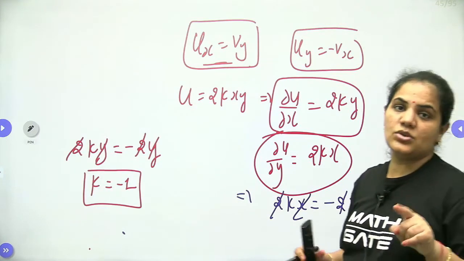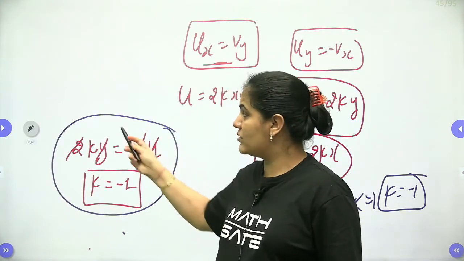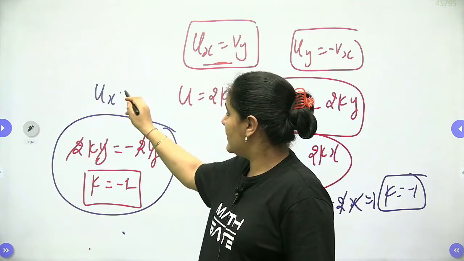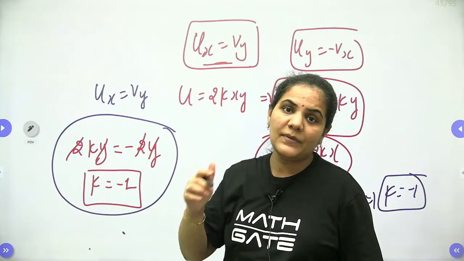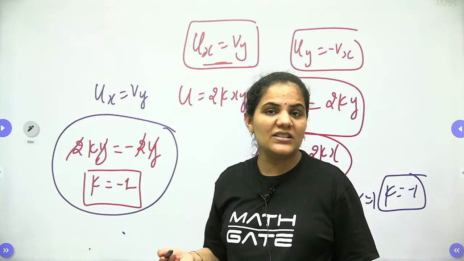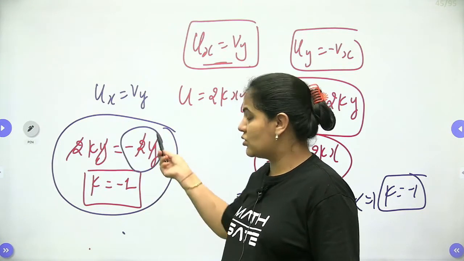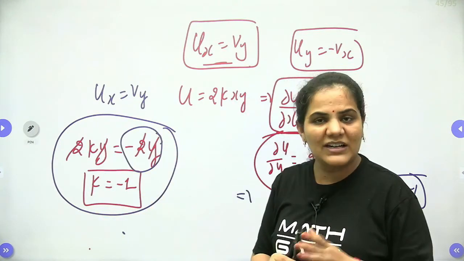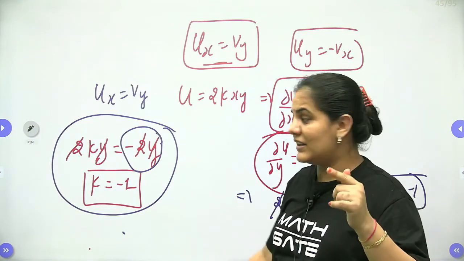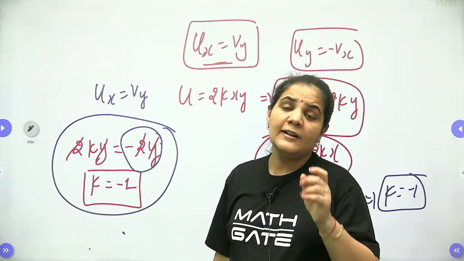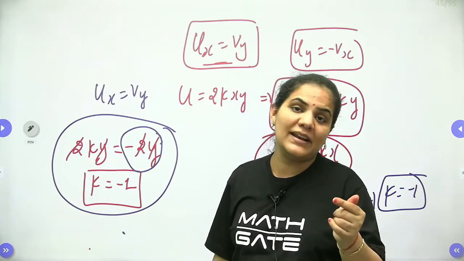Many students get confused here. They say, ma'am, according to the question ux should be equal to vy, but here we have ux equal to minus vy. Why? Because in ux we have one unknown quantity, so it's definitely possible that the value of that unknown quantity might be negative.